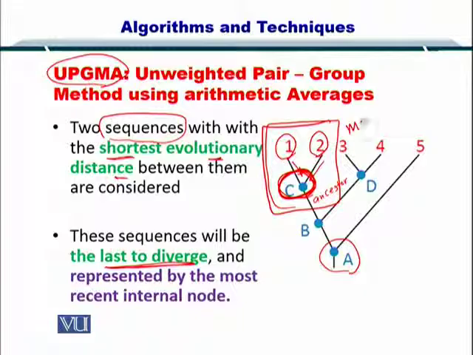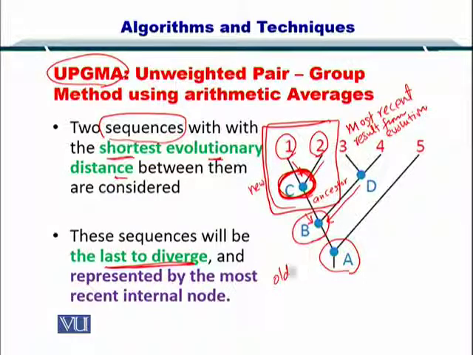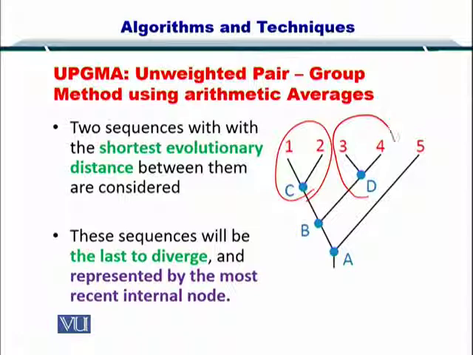So this is the most recent result of evolution. Of course, some things have happened before that, as you can see in the ancestor B. So this is the new time and this is the oldest sequence. So you organize all of your sequences by using pairwise sequence alignment and then link them up through the internal nodes.